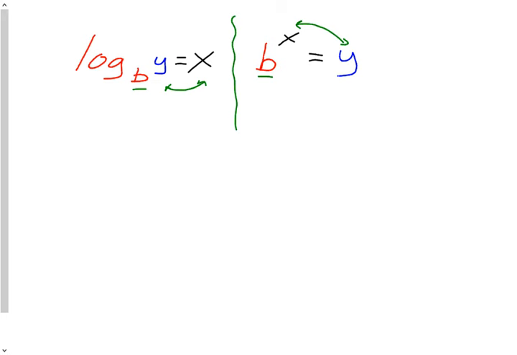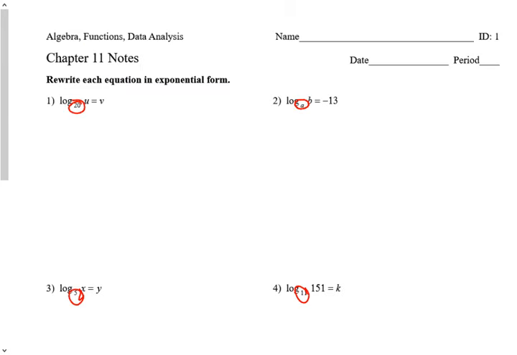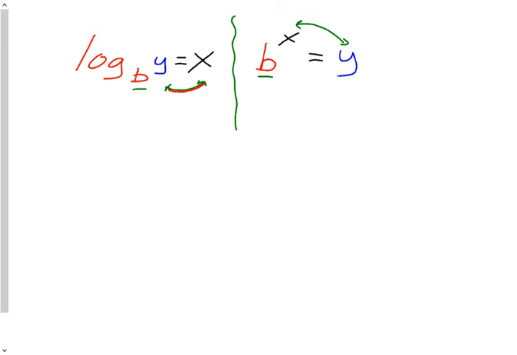It's very important that you have this down and understand how to convert between the two, because that's exactly what we're going to do here. If I'm going to write this in exponential form, I'm going to start with the base. So in 1, I'm going to start with 20. And then I'm going to remember that the x and y in my formula were simply flipped.